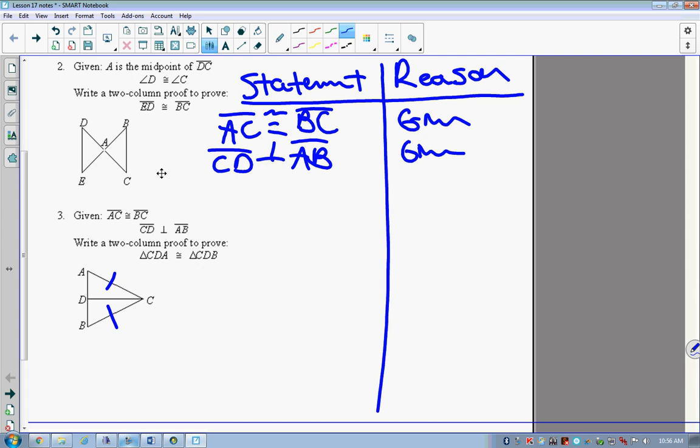We've seen questions like this show up before, so we should be fairly familiar with being able to say that angle CDA and angle CDB are right angles. Can anybody tell me why?